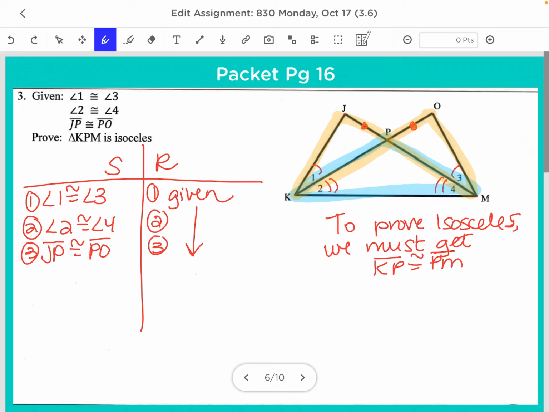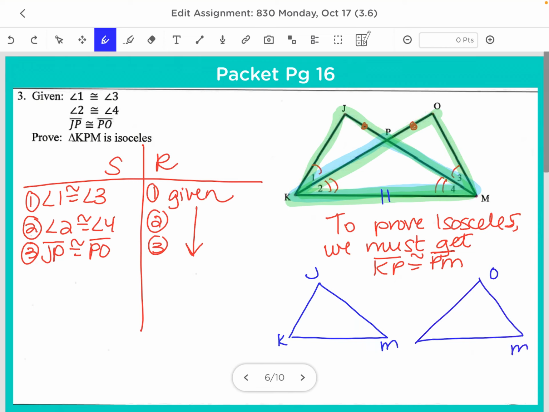So what I'm going to do is see if I can get the larger triangles congruent. Do I have enough information to get these green triangles congruent? Well, they already share an overlapping side. They share this side here. And remember, if it helps you to draw them separately, go ahead and do that because you might visually see what's going on.